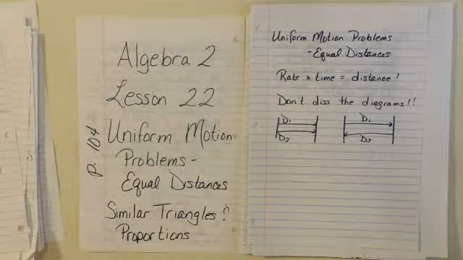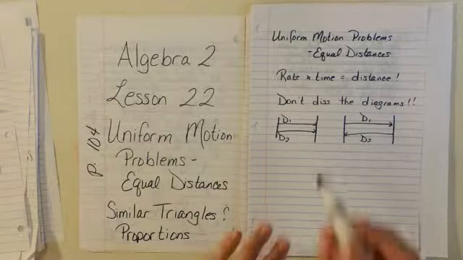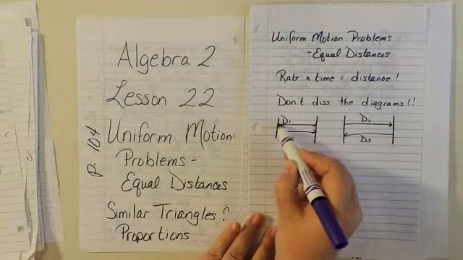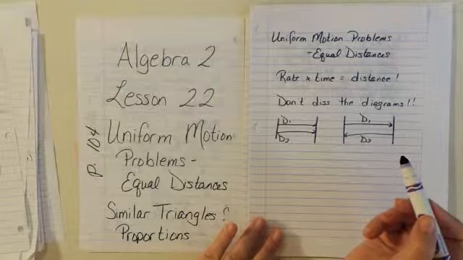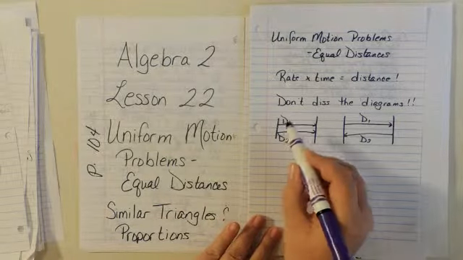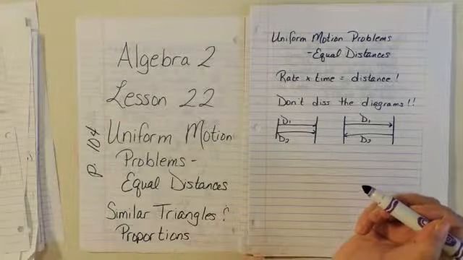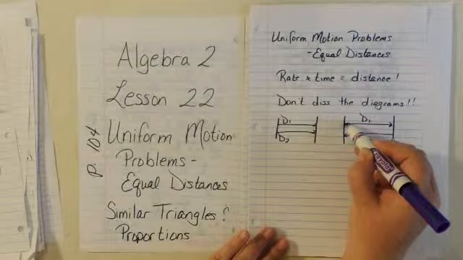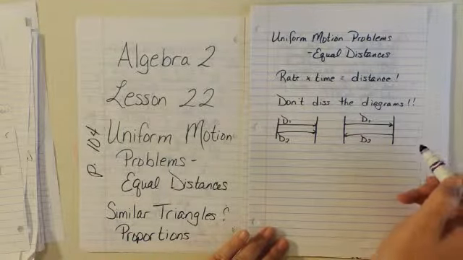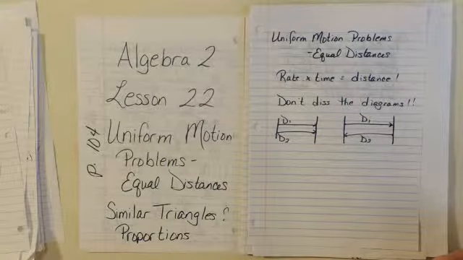Okay? So if 2 people or vehicles travel the same distance, the diagrams are going to look like one of these. We have distance 1, so the first person went from this point to this point at a certain rate or time, and then another person or vehicle went the same distance at a different rate or time. Or we have one person who started here and went this way, and then went from here back home again.